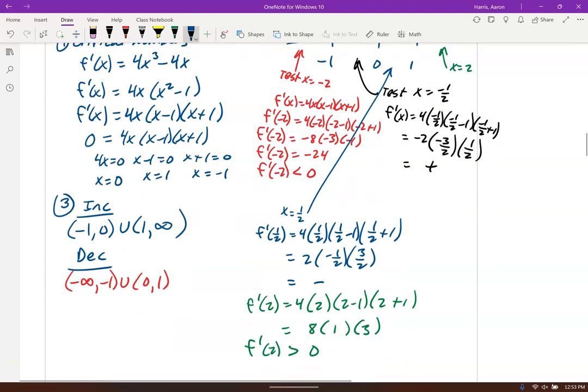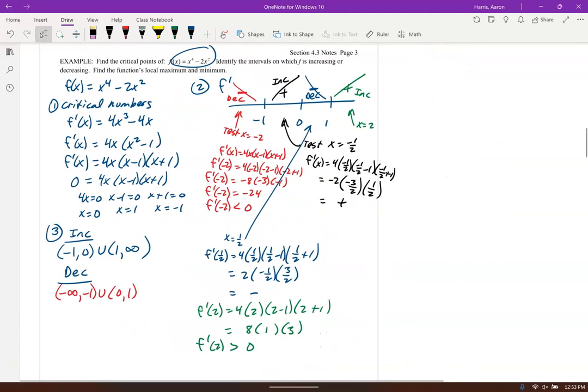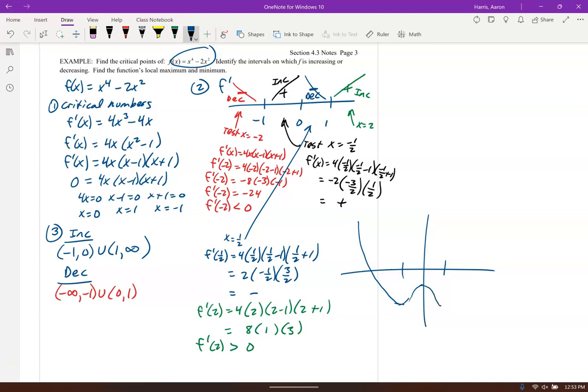All right, now on to our relative mins and maxes. Well, if the function decreases to 0, then it increases, and then it decreases again, and then it increases, right?